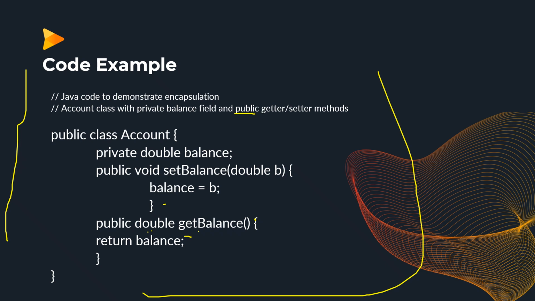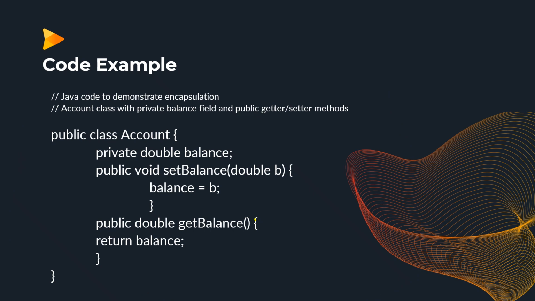So now you can see this program clearly. You can pause the video and look at this program. By using this code, you can understand how we have implemented encapsulation using private attributes and public getter and setter methods.